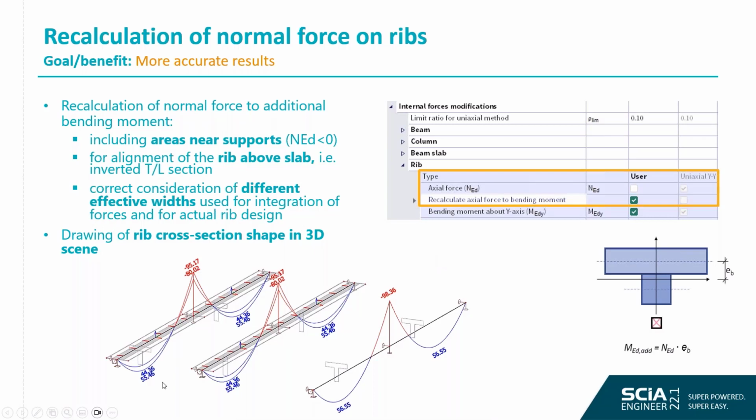And also you will see that we had a bug there related to the consideration of the different effective widths used for integration of forces and for actual rib design, because the recalculation of the axial force should be based on the cross section from the effective width for integration of forces and not from the width which is used to define the cross-section for the design.